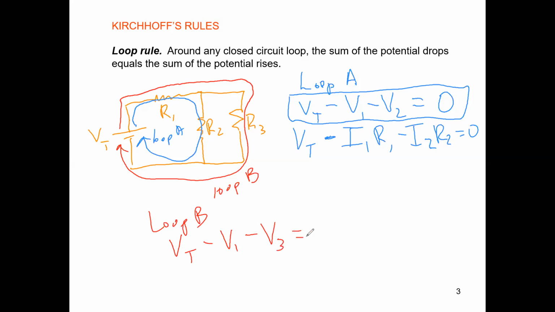There's nothing else in the loop as I work my way back to the battery, so that's going to total to 0. That would be my Kirchhoff's loop rule for loop B.